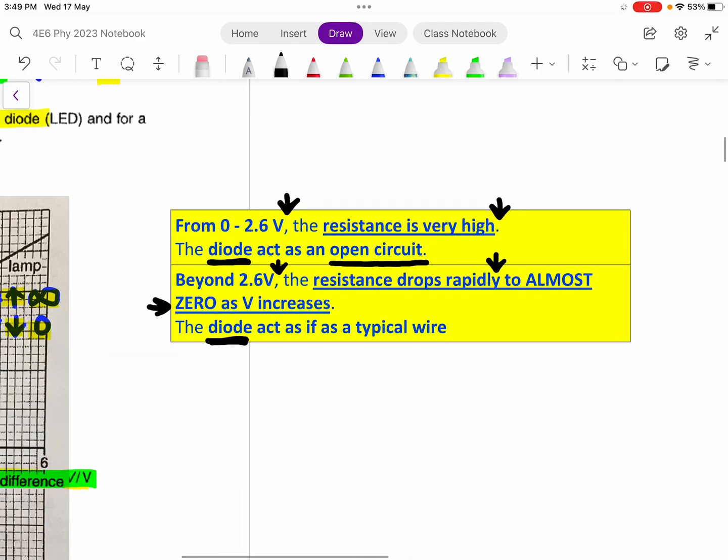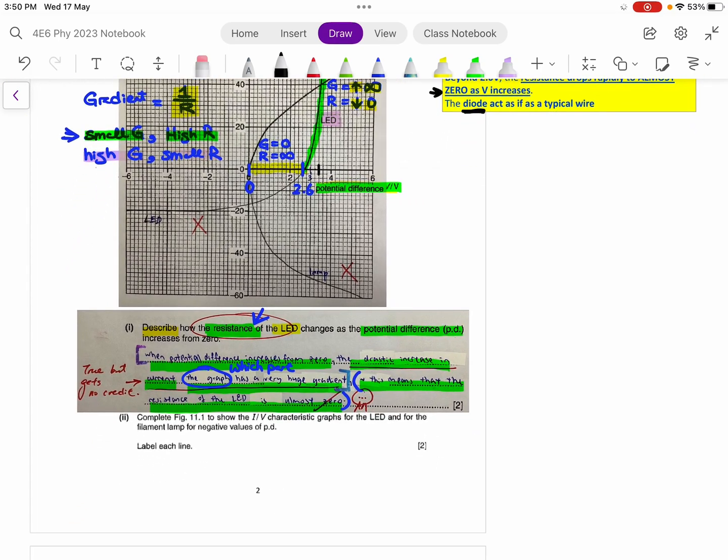The property of a diode is that at a certain activation voltage, it will behave very differently, either as an open circuit or as a zero resistance wire. So it really depends on your content mastery. But from your answer, the marker can tell how much you have mastered that part of the content.